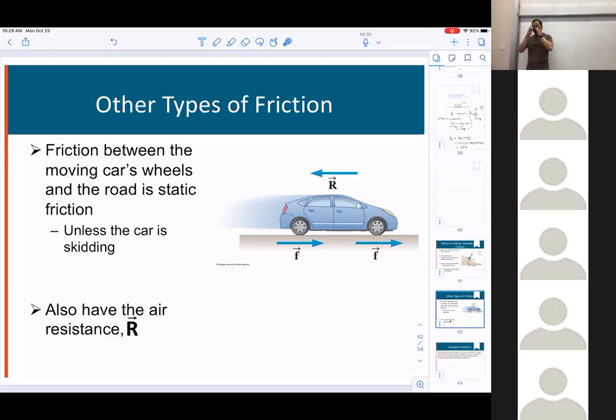But I think probably in your labs you've looked at wind resistance, where the model for the force of friction is a little bit different. It may be proportional to the speed of the object and so forth. Whereas here, between surfaces, we're working with a model where the force of friction is proportional to the normal force. So I'll just mention this, but we won't really do much with it in this course.